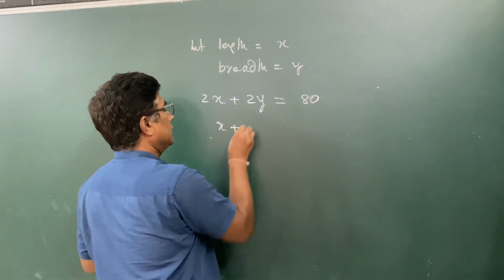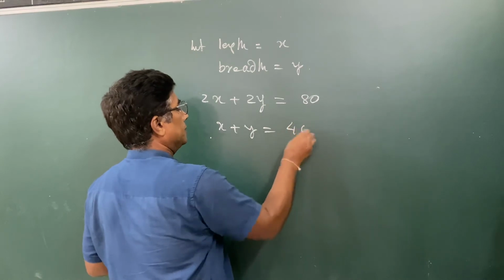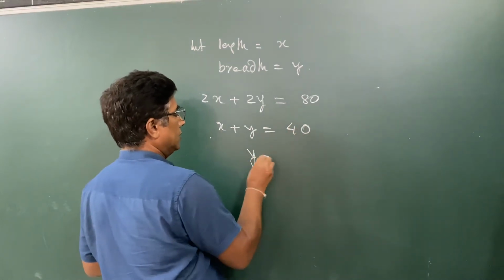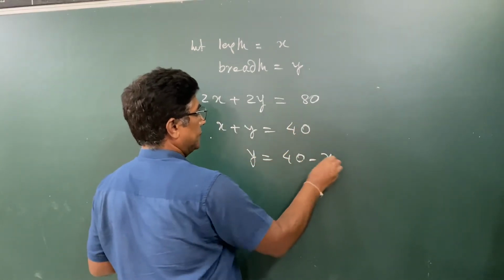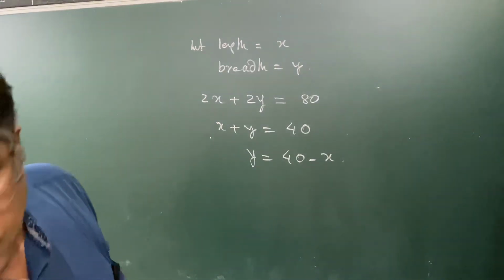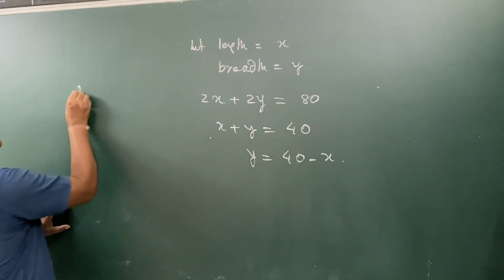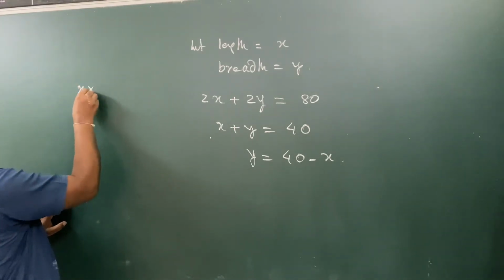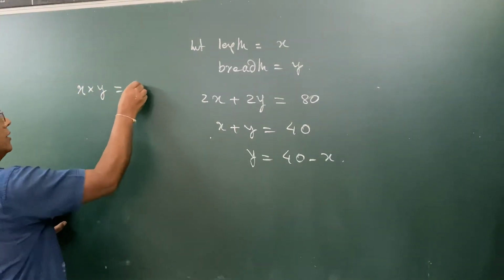So x plus y is equal to 40. So y will be 40 minus x. Now they say whose area is 400. That means length into breadth is 400.